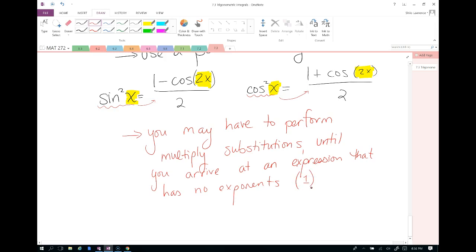And what I mean by that is just all of our exponents are ones. If we don't see an exponent, that means we've got a little imaginary one here.